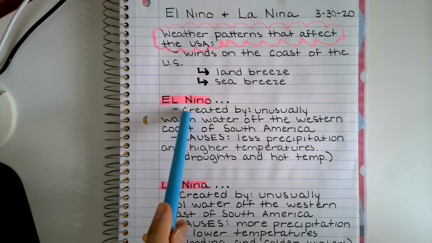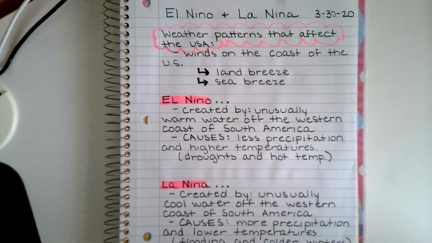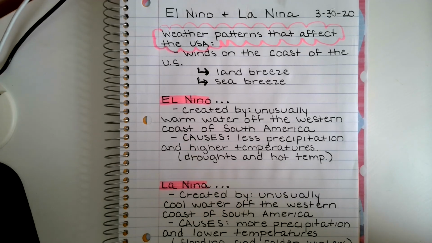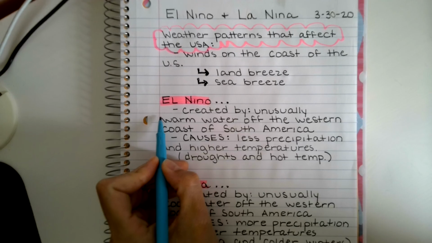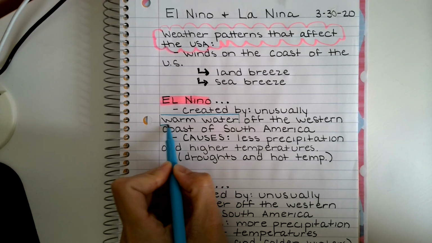Yesterday, though, you guys took notes on El Nino and La Nina because they're also weather patterns that affect the U.S. So El Nino is created by unusually warm water off the western coast of South America. So when you think of El Nino, think of warm water.